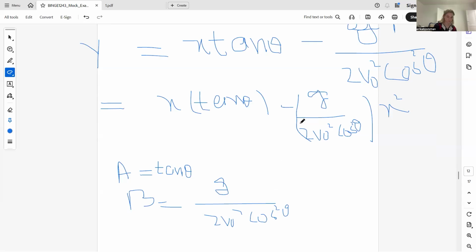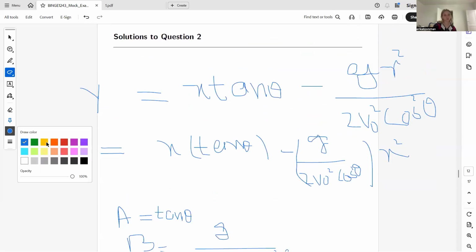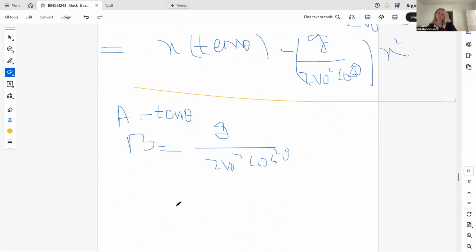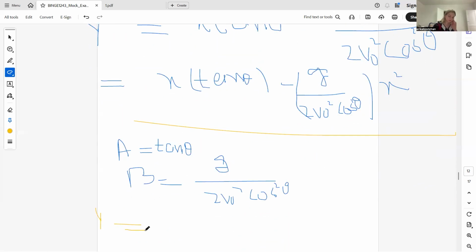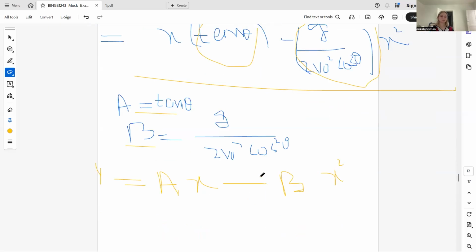After introducing these values, y is equal to a x minus b x square. I'm just replacing this value by b and this value by a, as I have already mentioned. So now it has become a proper parabola equation. Hence it is proved that this motion follows the parabolic path because it resembles the parabolic equation. Is it clear?